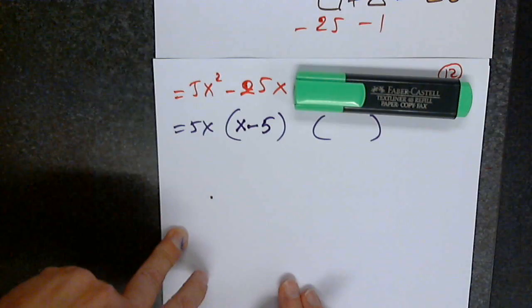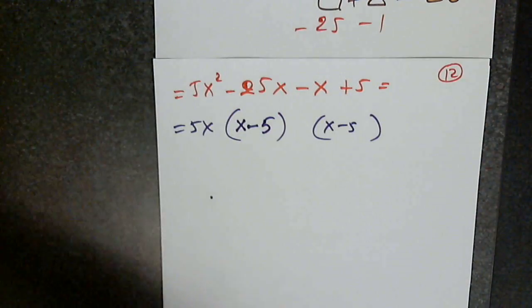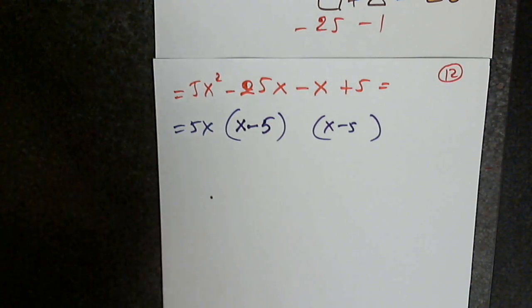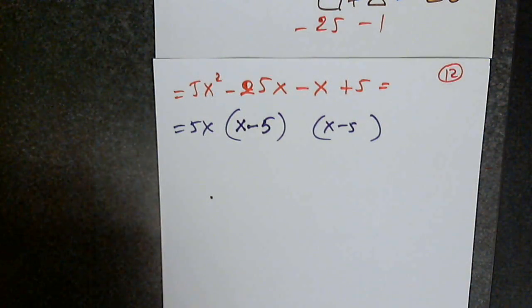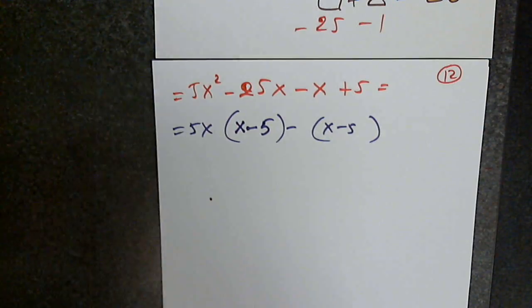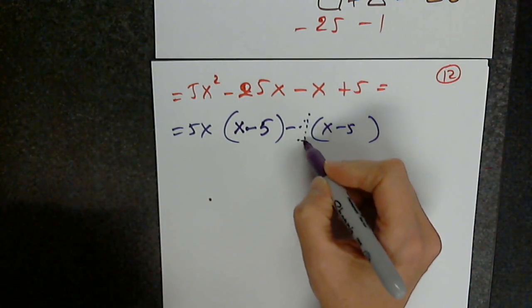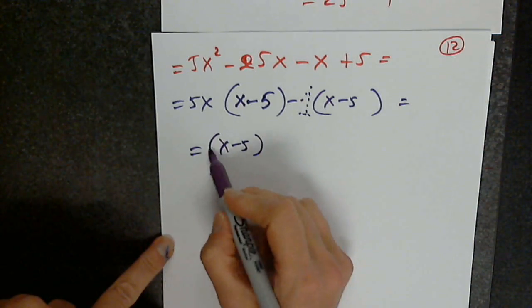Otherwise, something is wrong. Good. Now I look. Remember, I need sign and factor. And the factor is? Thank you. So x minus 5 is pulled out.